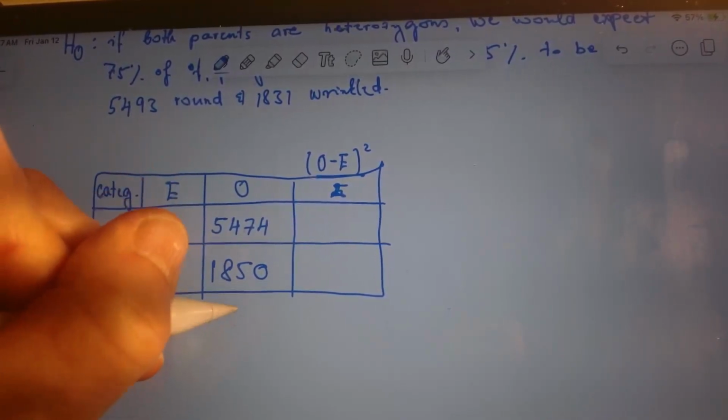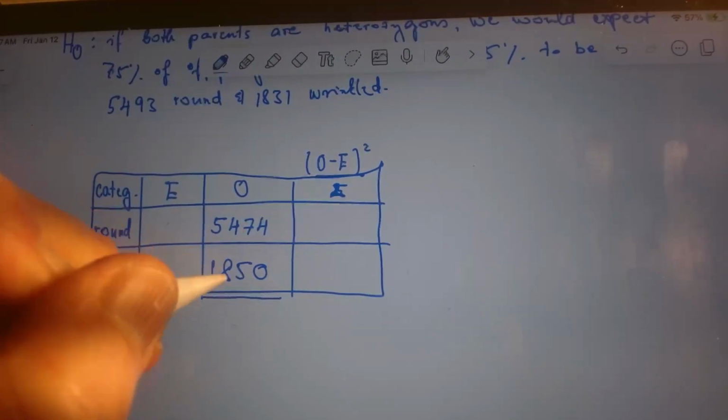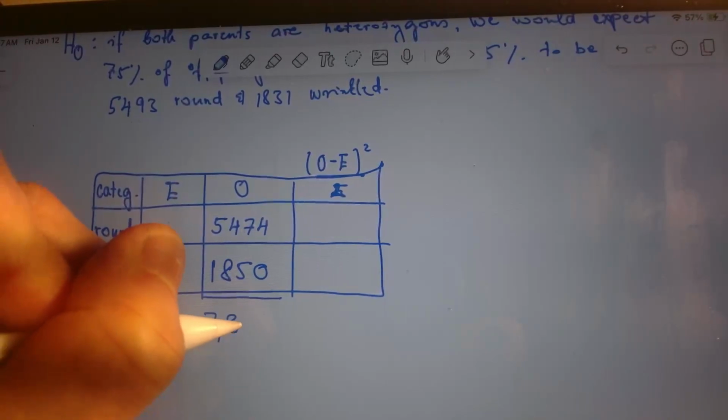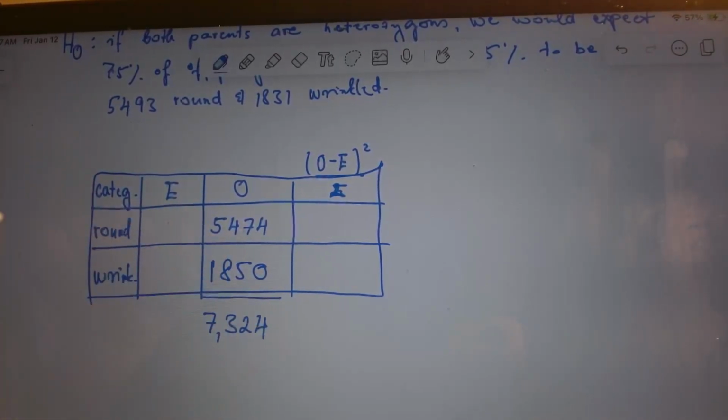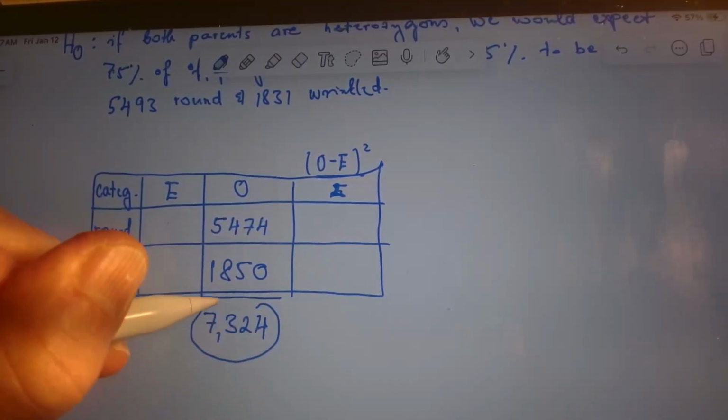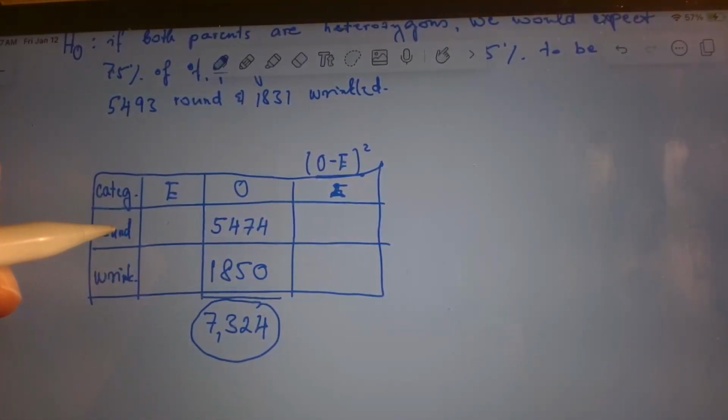All together, if I add this together, it gives me 7,324 seeds. 75% of that amount of seeds is what is expected if they follow the Mendelian inheritance.